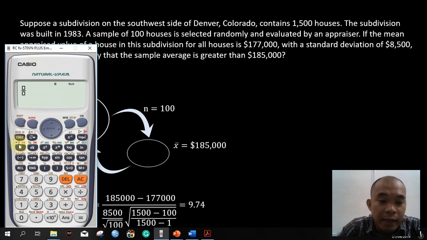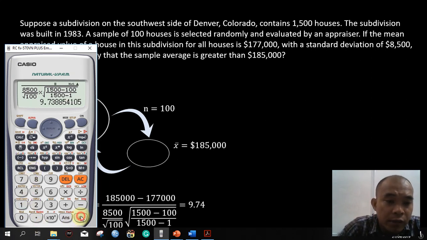Then you type 185,000 minus 177,000, and then you go back here and put 8,500 over the square root of 100, multiplied by the square root of the fraction, this is the power of natural display, 1,500 minus n over 1,500 minus 1. Then just press equals, and we're going to get 9.74 in this case.